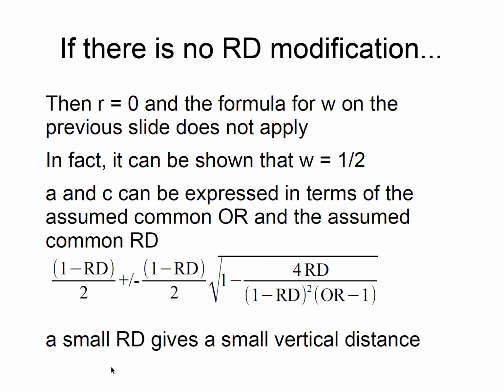However, when the risk difference is small, we can get a big difference between the assumed common odds ratio and the crude odds ratio, even though there's no confounding again, just to kind of hammer that home.